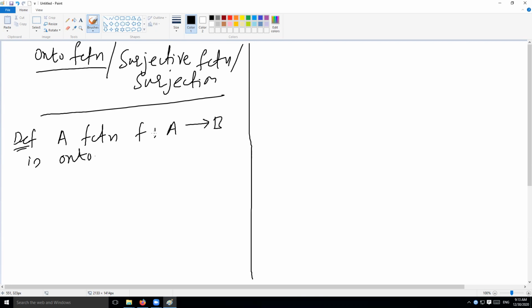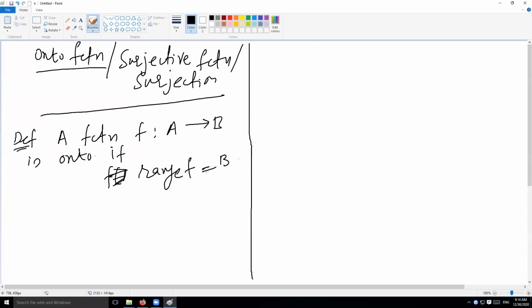Okay, so a function f from A to B is onto, or surjective, if it satisfies an interesting and simple condition. That condition is that not f of A, but the range of the function f is equal to the codomain of the function.